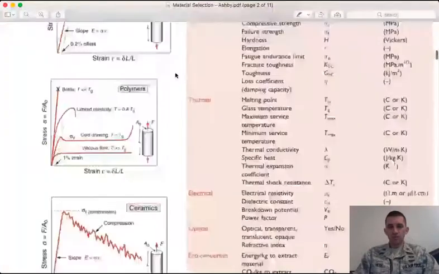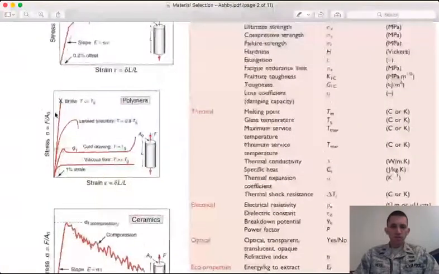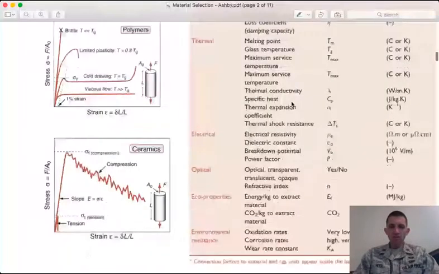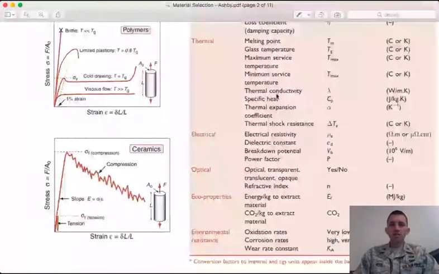Right? So I said a minute ago, especially in the case of polymers, that there is a drastic change in mechanical properties with temperature, right? And so that is reflected in the glass transition temperature, maximum service temperature. And then if your application depends on thermal conductivity, which one of our examples later in this talk does, right? You obviously will care about that.